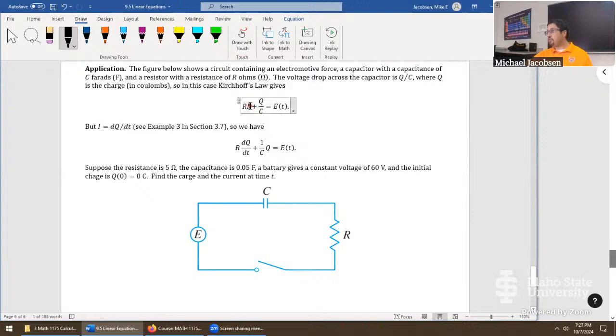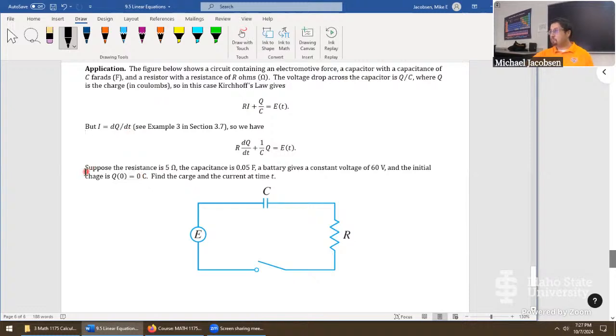So they're referring to this right here. That I becomes a rate of change of Q, which is, oh geez, what was Q? Capacitor is Q over C. It's the rate of change of the charge Q with respect to time. So that's what happens to I.